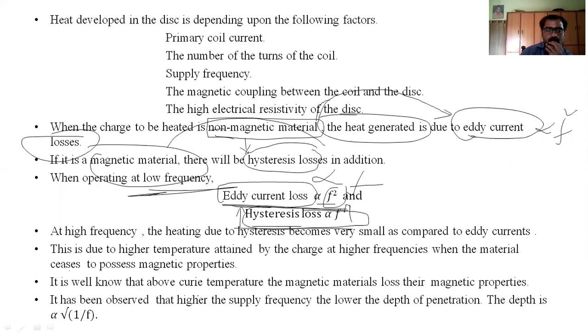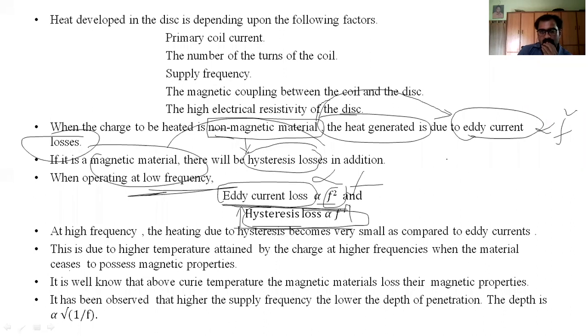Okay, here is the last point, please check it out. When you consider the furnace or the container in which you want to heat up the charge, the higher supply frequency is going to be employed on the charge at the depth where you have placed it in the furnace or the crucible.